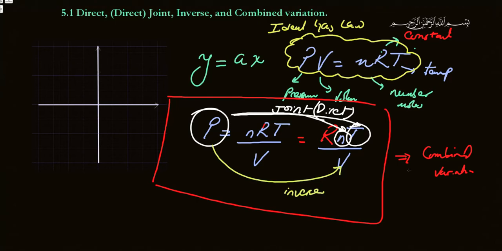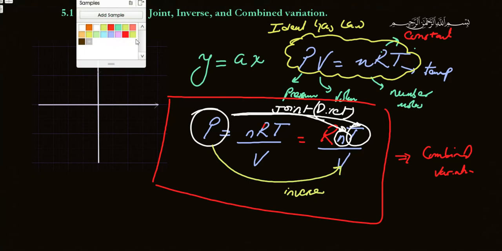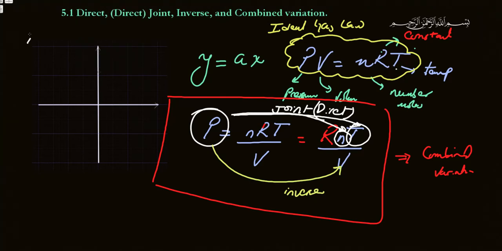Now you can also see that you can solve the same equation, let's say, for T. If you have PV is equal to nRT, if you solve this equation for T, you can divide both sides by n and R. Okay, then you have T is equal to PV over nR.